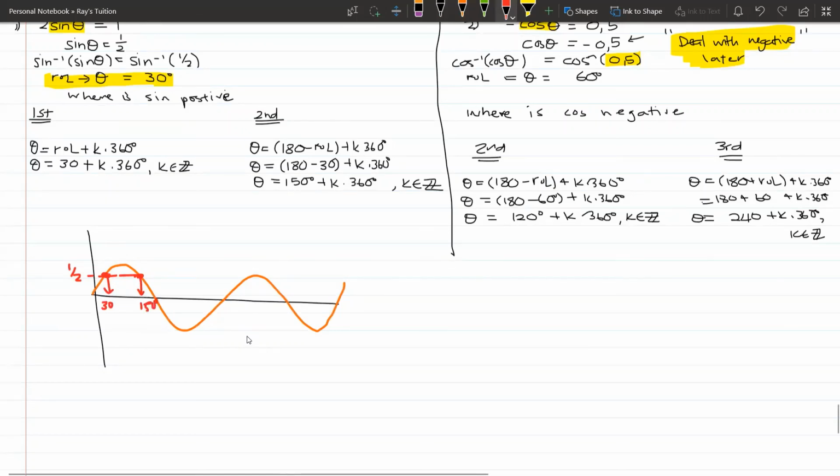But you see that solution only applies to the first sine graph. Can you see this 30 and this 150 is where sine is equal to a half in the first 360 degrees.